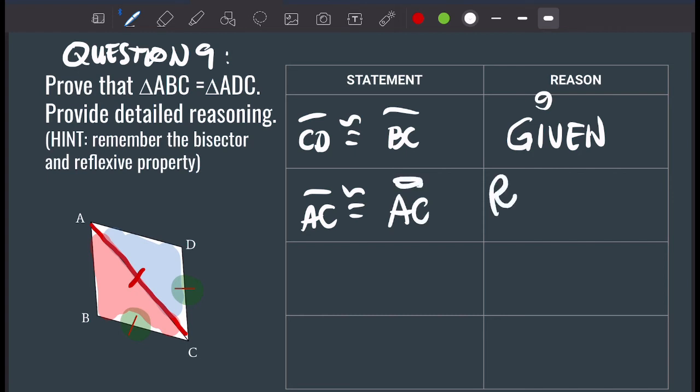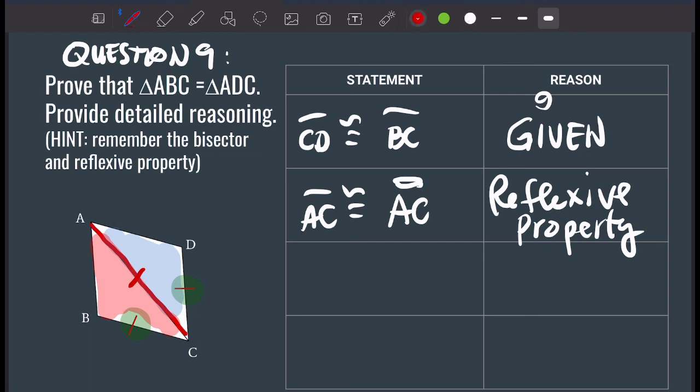Why? Because of the reflexive property. Okay? But we need 3 things. Why? Because side, angle, side, side, side, side, angle, side, angle, angle, angle, side, and RHS. So you need to look for one more thing. So look at this. It says you need to remember bisector and reflexive property.